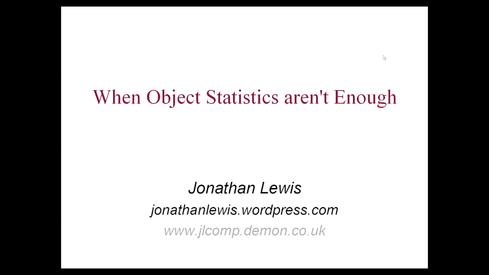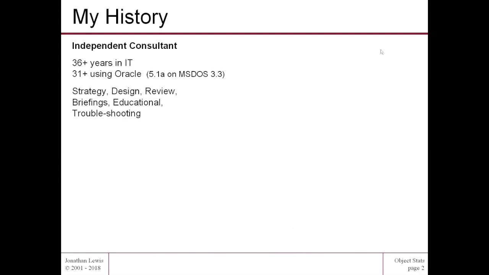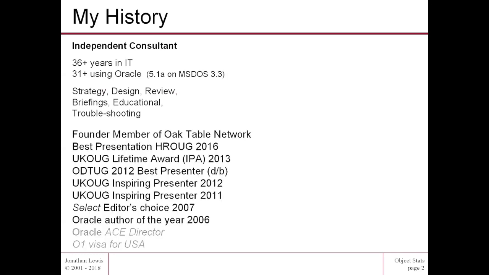Okay, so, when object statistics aren't enough, we'll start with just a quick introduction to me. So there's my independent consultant bit. I've now been using Oracle for more than 30 years. I do troubleshooting and short-term stuff in general. There are a few little recognition points that have come up, and yes, at the bottom there, grayed out, is my O1 visa for the USA, which gave me that wonderful description.